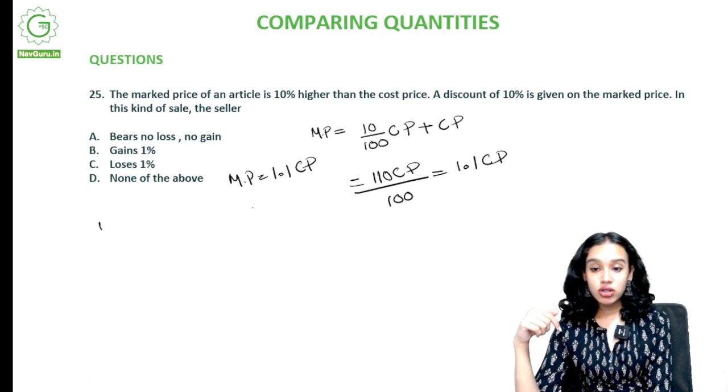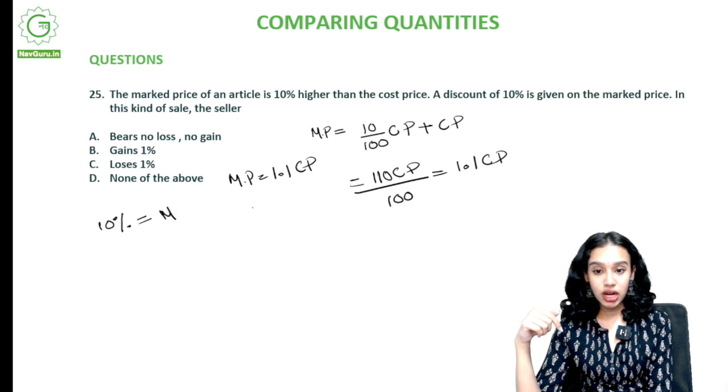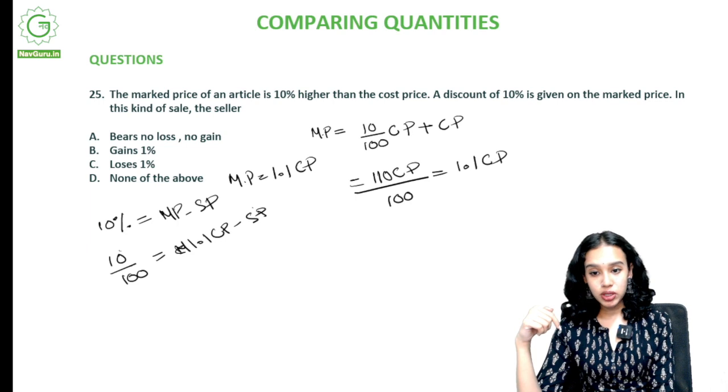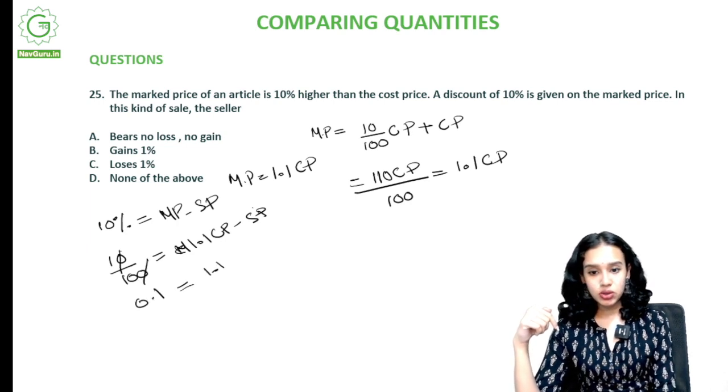Now there's a discount of 10%. 10% discount means this is the difference of mark price and selling price. So 10 by 100 is equal to mark price, which is 1.1 cost price minus selling price. So let's take the selling price on this side. We could do this as 1 by 10, right? This is 0.1 is equal to 1.1 cost price minus selling price.